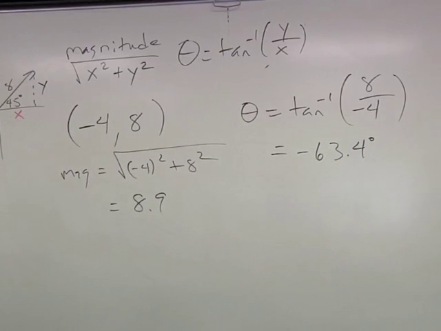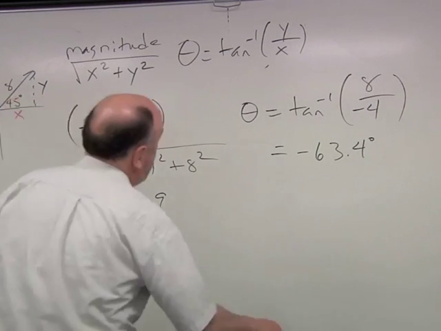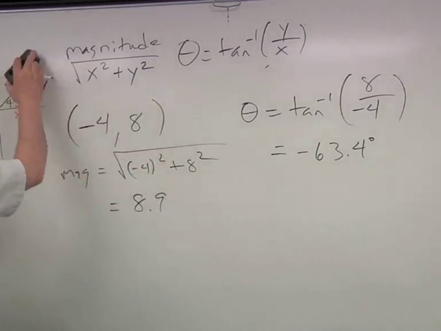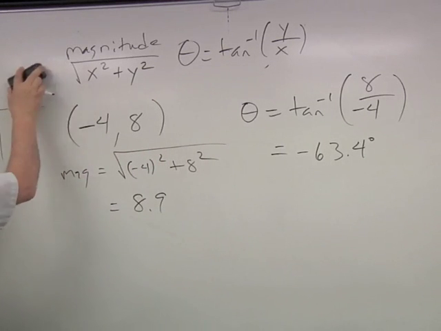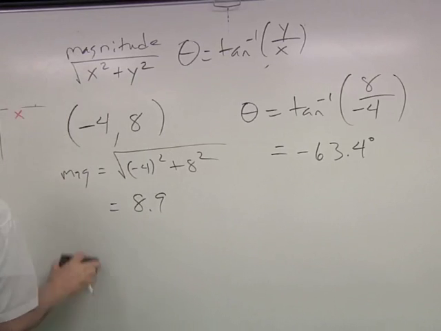But another thing here about the calculator, however, is that it is only set up to give you answers in one of two quadrants. It either gives you an angle in the first quadrant, or it's going to give you the angle in the fourth quadrant. Okay? But let's look in terms of what we know about our point. We know that our point is at -4, up 8, so basically it's there.